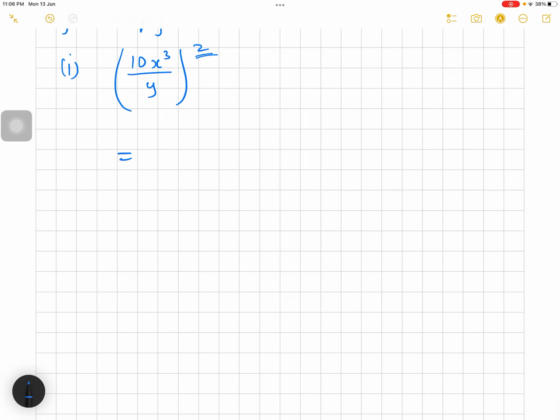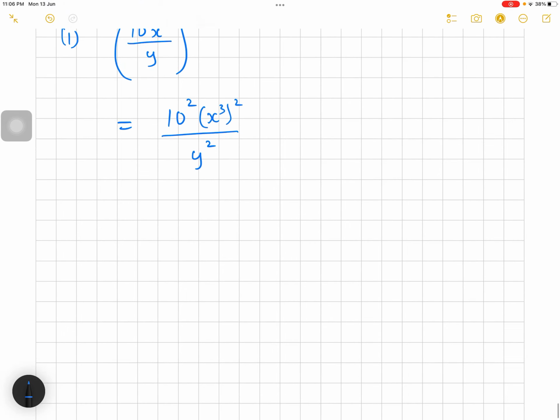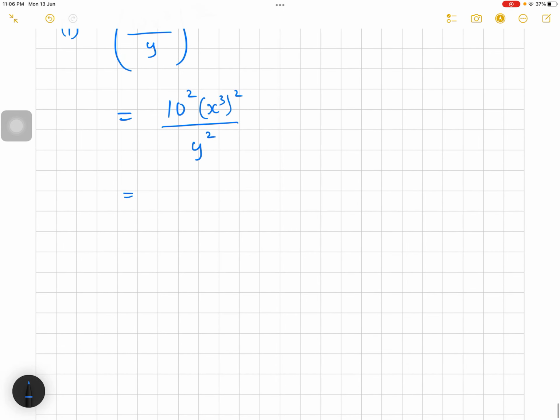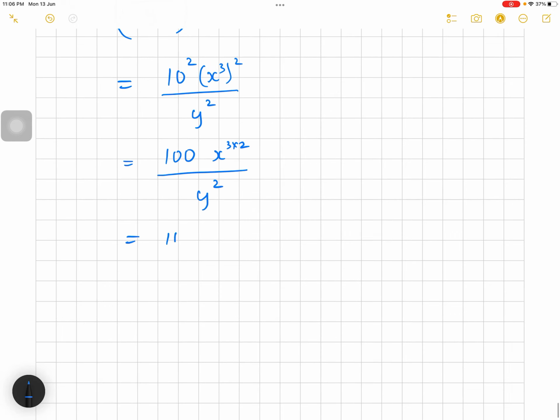The square is for 10 also, for x raised to 3 also, and for y also, right? So 10 raised to 2, x raised to 3 raised to 2, y raised to 2. 10 raised to 2 is 100, x raised to 3 the whole raised to 2 is x raised to 3 into 2, which is 6, upon y raised to 2.